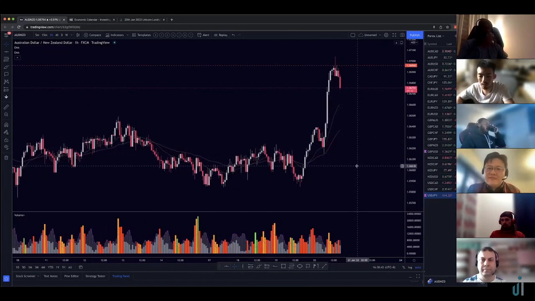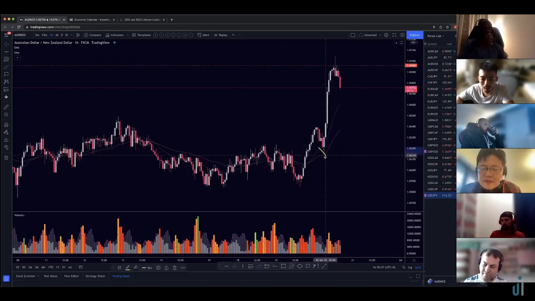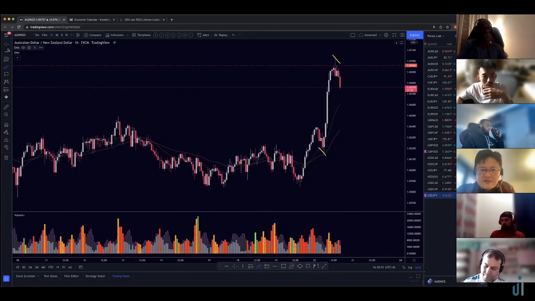The next piece is making sure you have volume on this uptrend. I do have volume, but I'm not quite sure if it is at that level. I didn't check. Sorry.